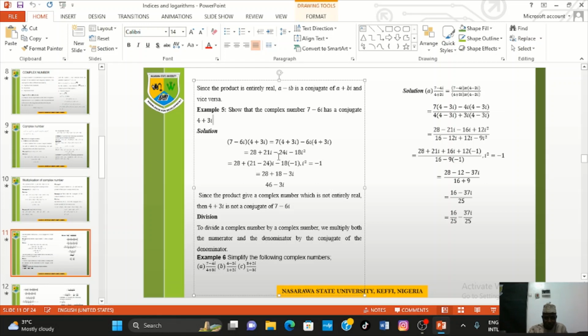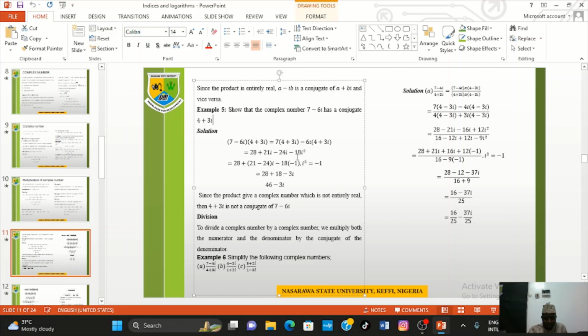So when you expand, 7 times 4 gives us 28. 7 times 3 gives us 21. Then minus 6i times 4 will give us minus 24i. Then minus 6i times 3i will give us minus 18i squared.